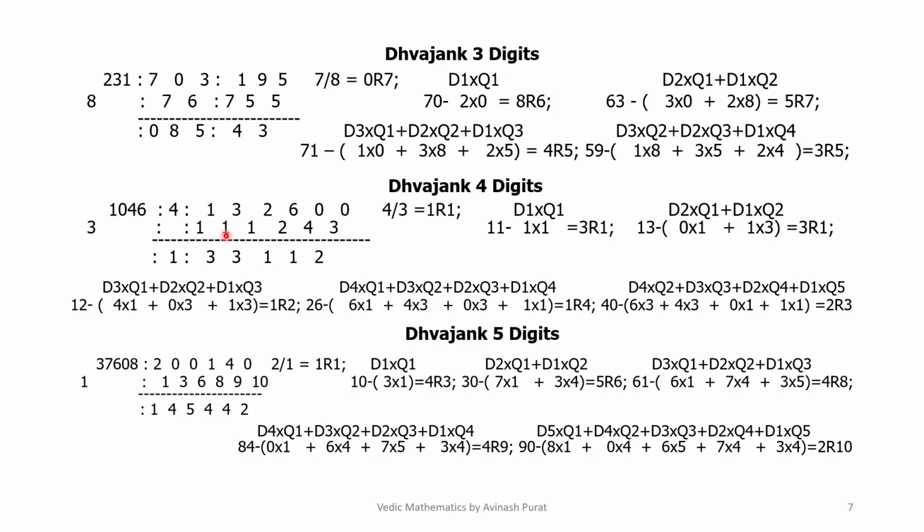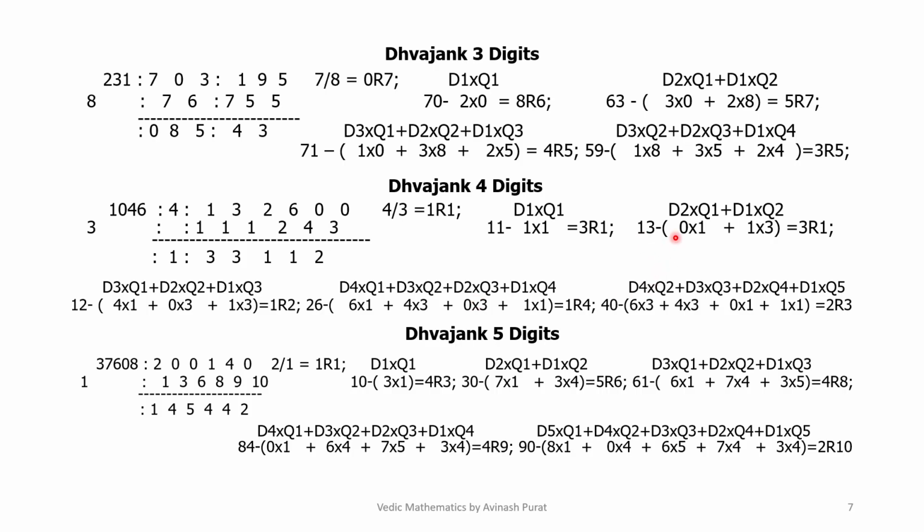So 11 minus 1 equal to 10. 10 divided by 3 is 3 and remainder 1. Now 13 is next dividend. 13 minus D2 into Q1 and D1 into Q2.